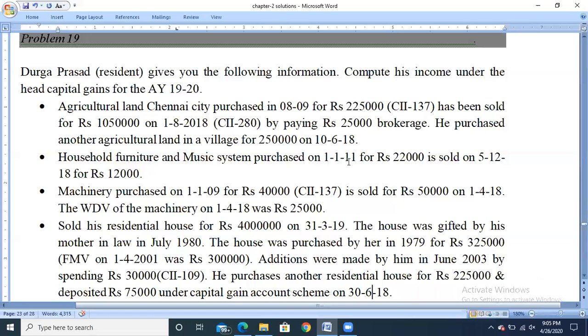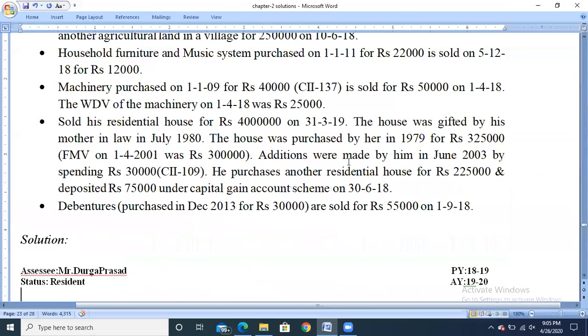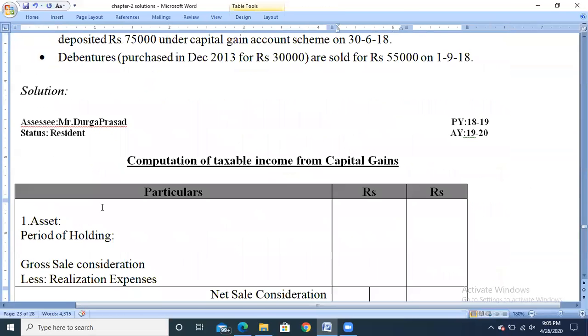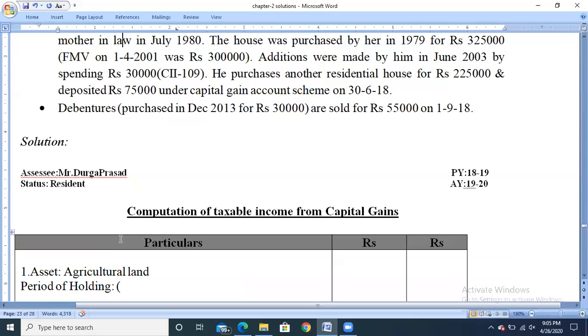So first take the asset number 1. Agricultural land. Next, period of holding, that is date of purchase and end on date of sale.